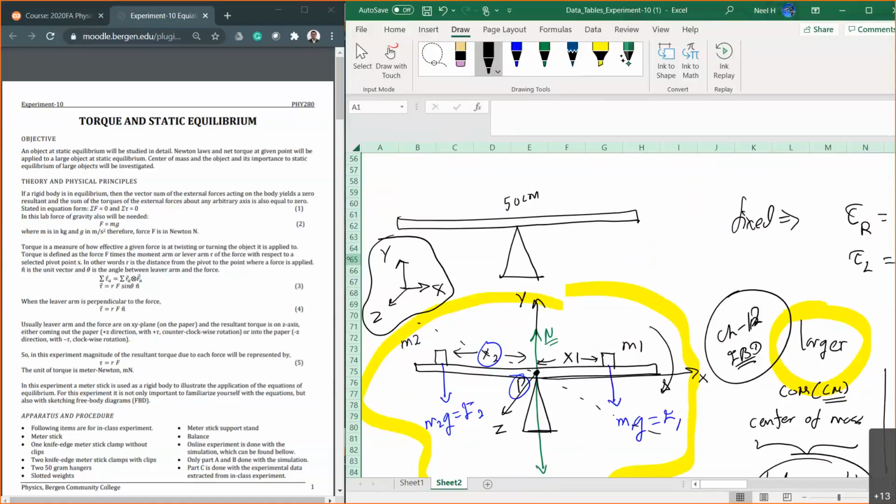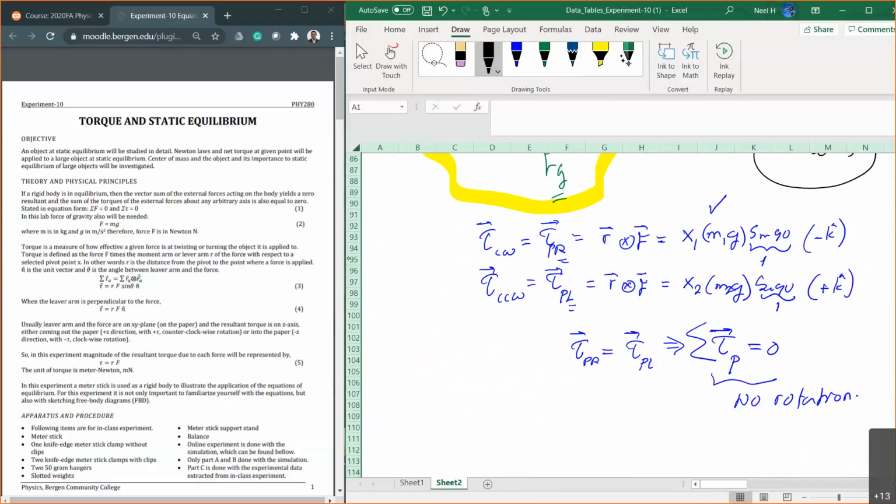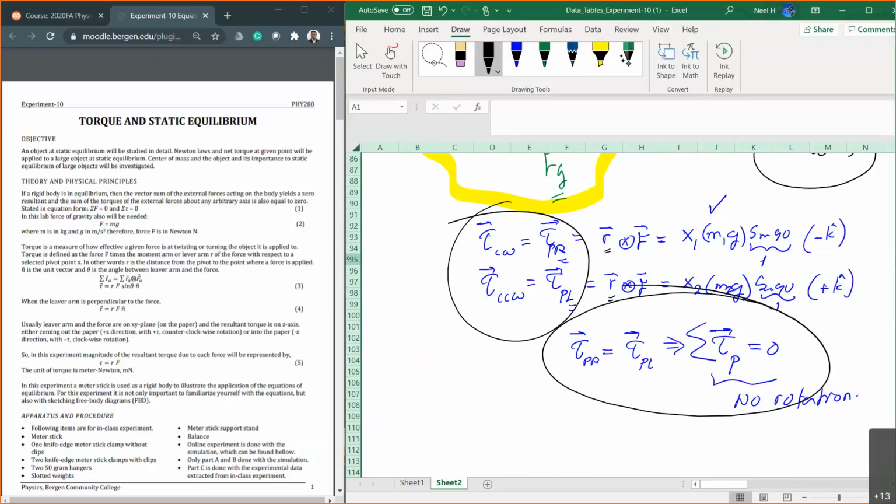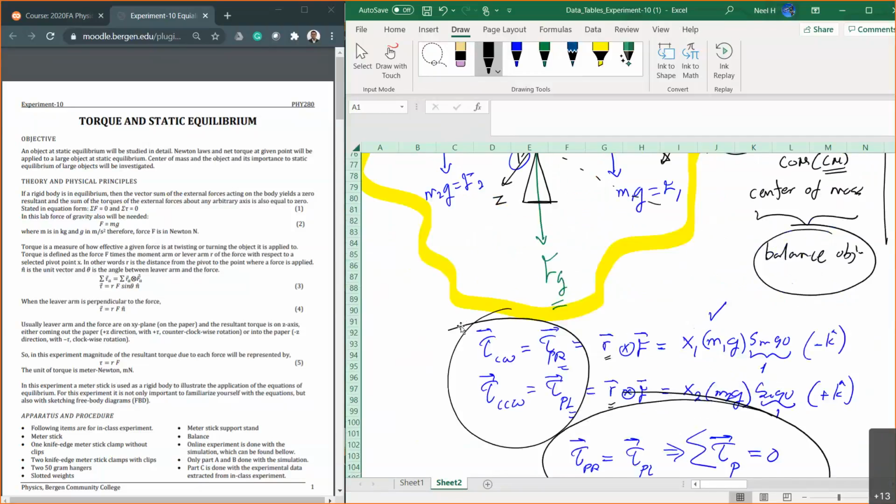Relative to that origin point, because the object is now elongated, I have to draw exactly where the forces are acting, because this R is key to understanding this situation. R is the displacement from the origin, or the fixed point, to the point where the force acts. That's very important to understand which direction the torque is acting. If I don't know that, then I can't really understand this situation. So keep that in mind for the free body diagram.